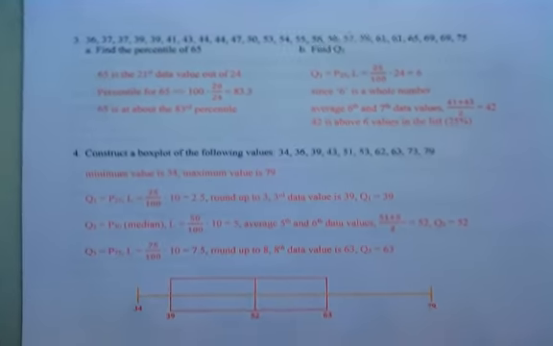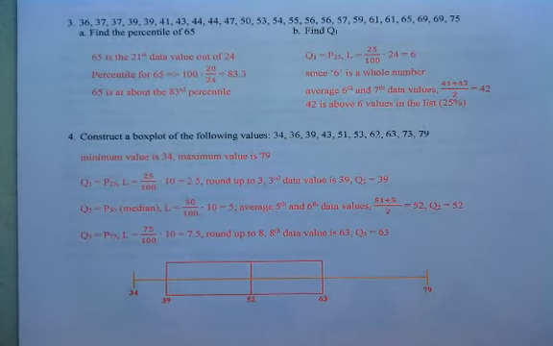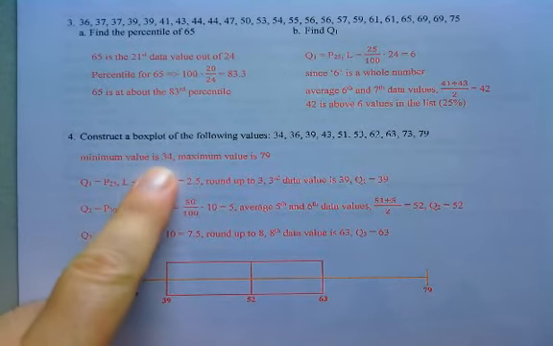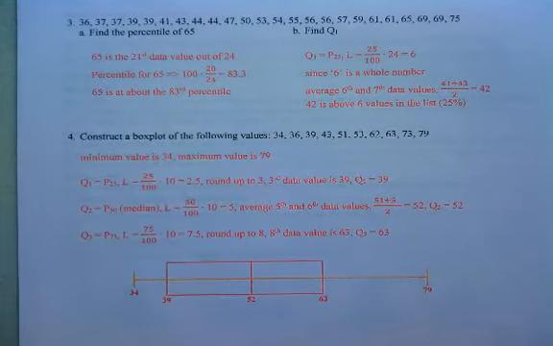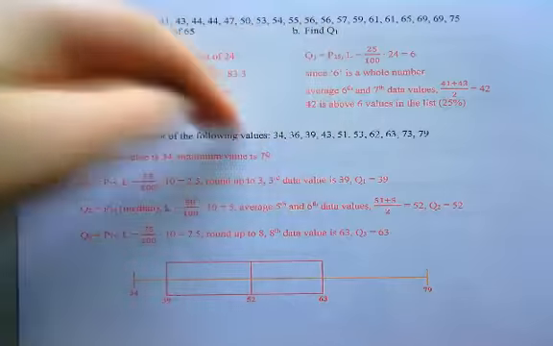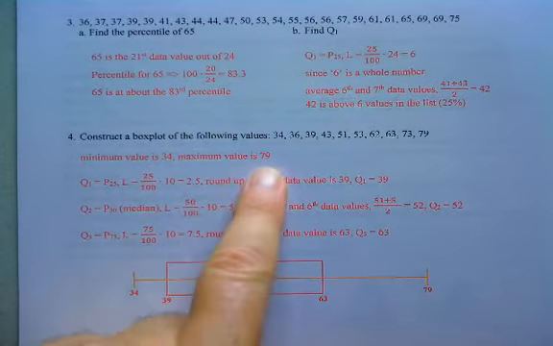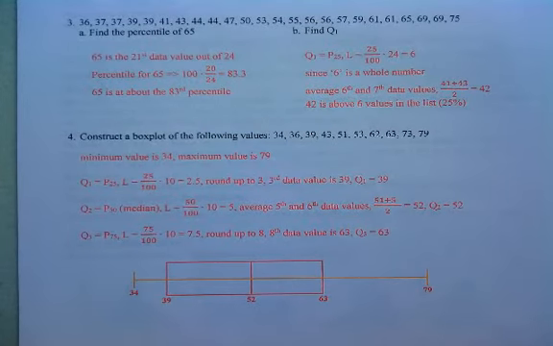Alright, and finally we're going to look at how to construct a box plot. And we need 5 numbers to construct a box plot. First off, we need the minimum value, which would be the lowest value in the data set. This is not the same data set we used before. This is the entire data set here. We have a maximum value of 79, so that will be our last point on our box plot.